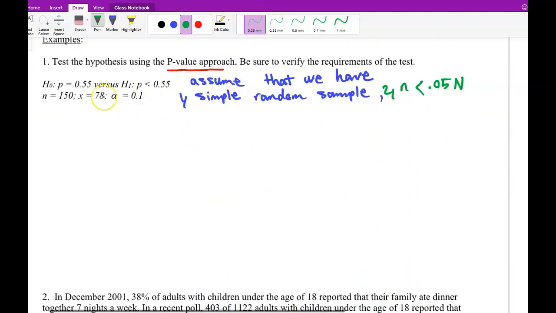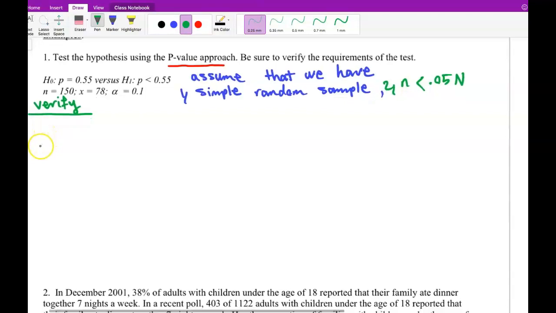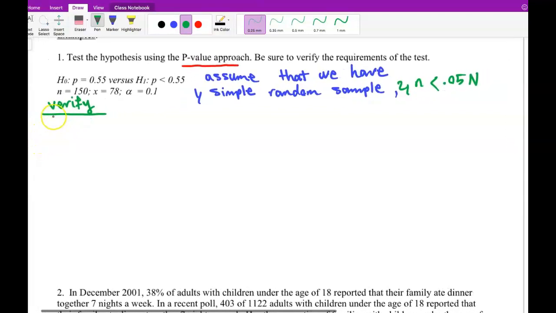So to verify, this is equal to n is 150, p0 is 0.55, and q is 1 minus p, so it's 0.45.